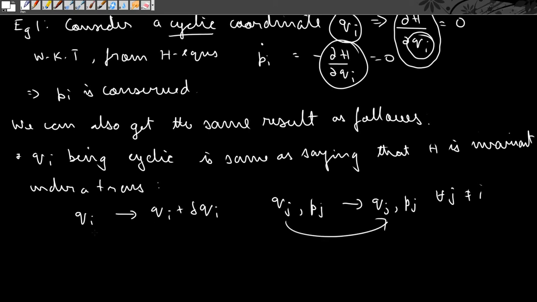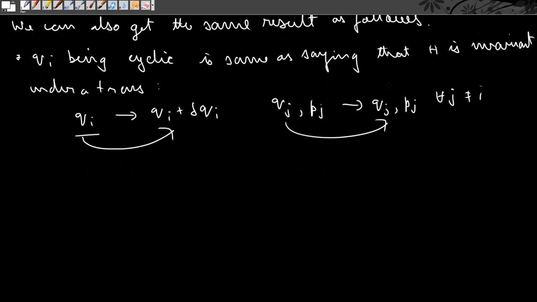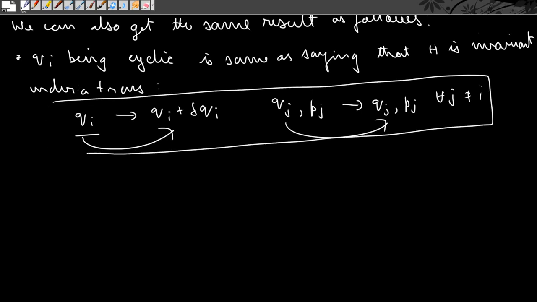This corresponds to the identity transformation, where only qi changes by an infinitesimal amount. We'll call this infinitesimal transformation equation 1.